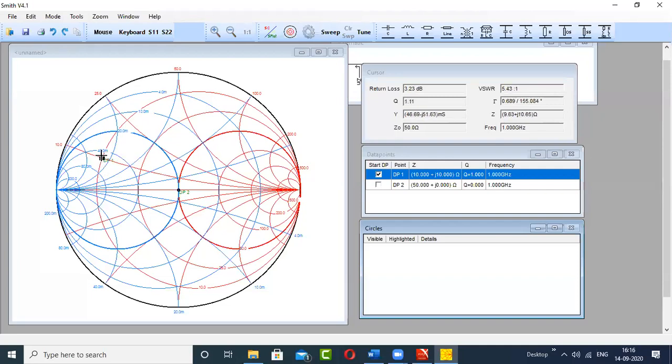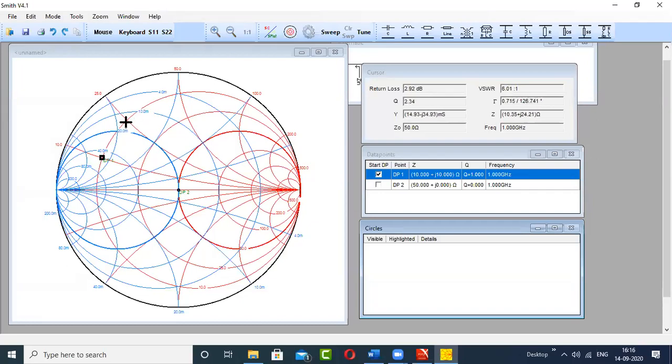Like I said, you have to move from this point, this load end, to the center of the Smith chart. So you can take the help of this circle. You want to reach the center, right? You can see this dark blue circle that passes through the center of the Smith chart, and this load impedance is lying on this red circle.